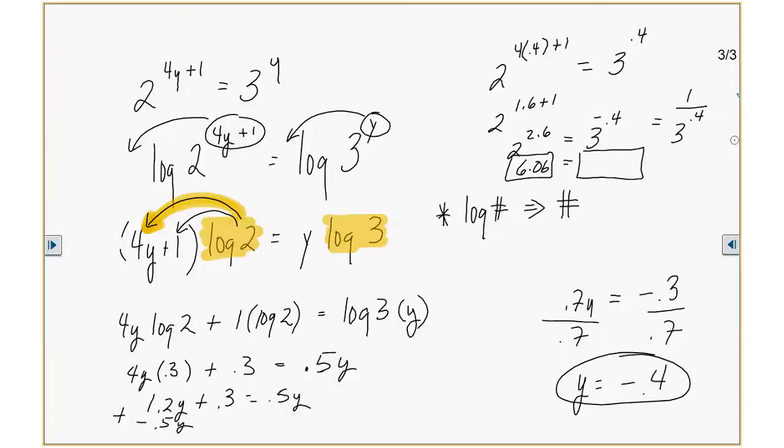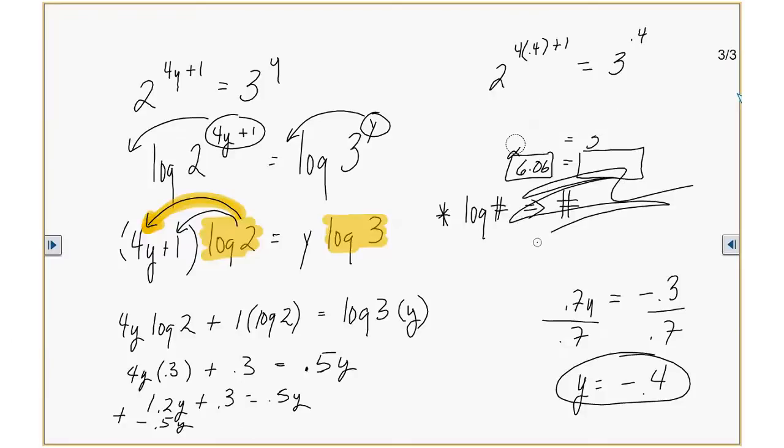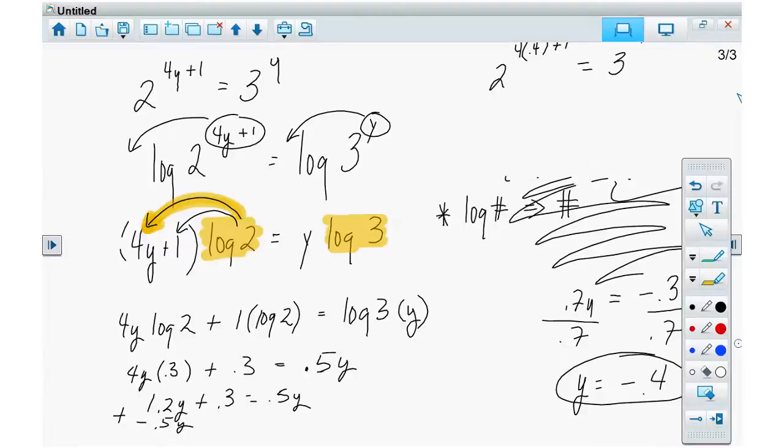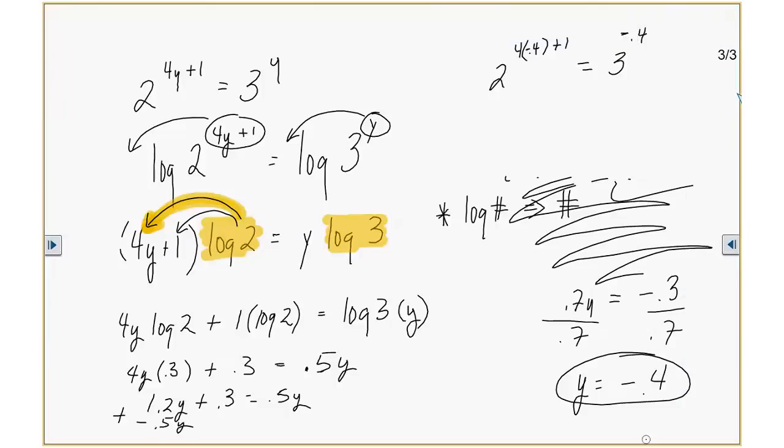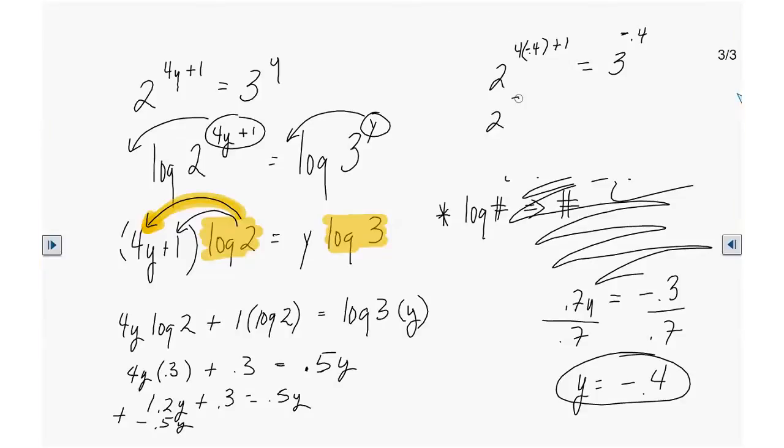So 1 over 3 to the 0.4. It does, yeah, it does. Thank you. I knew something was wrong because when you said 1.245, then I got trained. That's negative 0.4 and negative 0.4. Sorry about that. So 2 to the negative 1.6 plus 1 is equal to 3 to the negative 0.4.